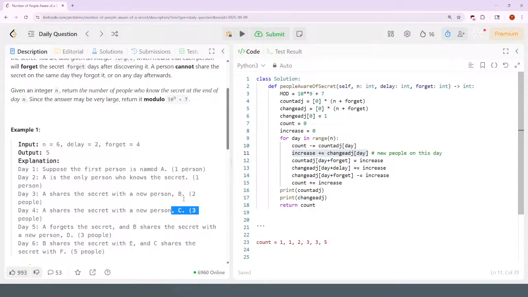Velocity changes here. Suppose the first person is named.